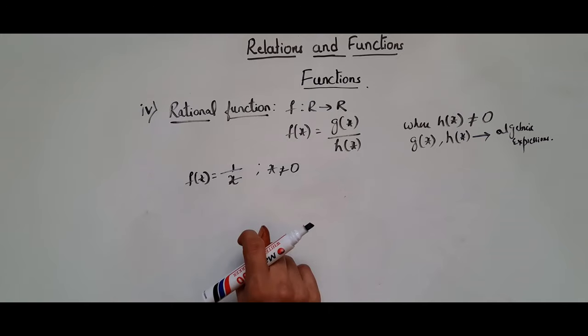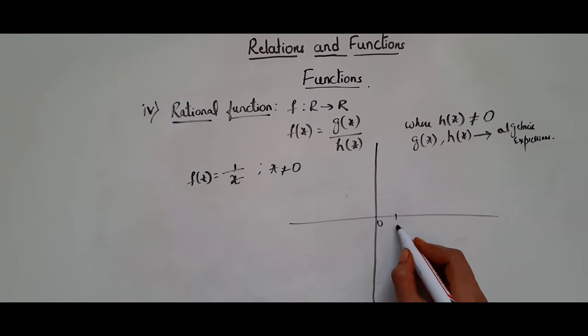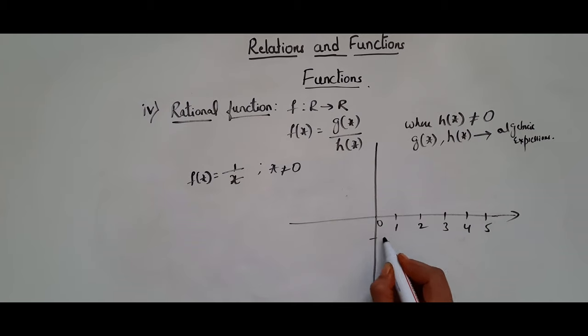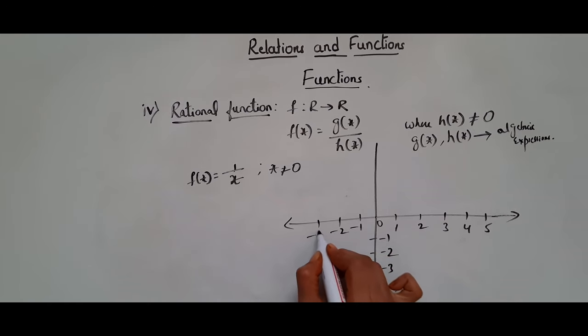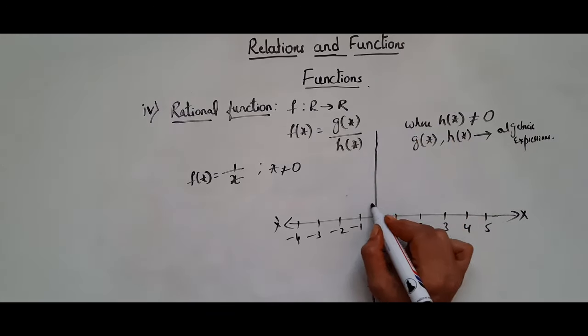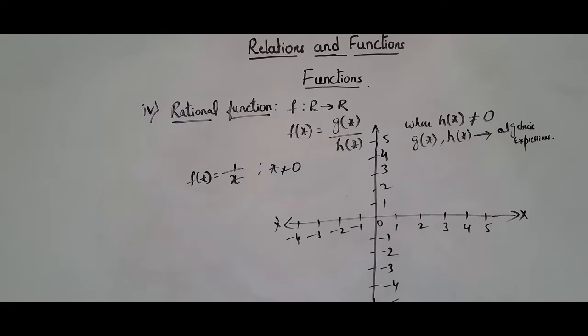Now let's see the graph for this expression. 0, 1, 2, 3, 4, 5, and here we have minus 1, minus 2, minus 3, minus 4, minus 5. This is your x dash, this is x, and here we have 1, 2, 3, 4, 5 and so on. So this is y and this is y dash.